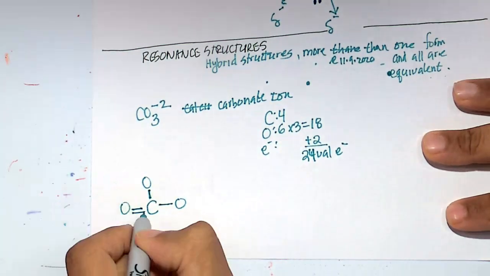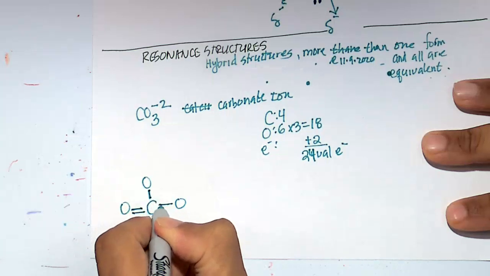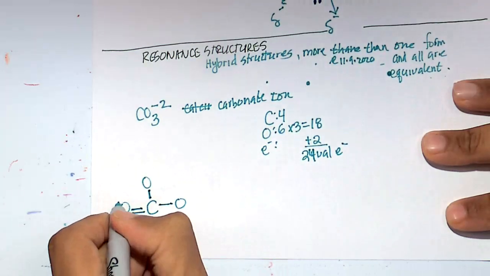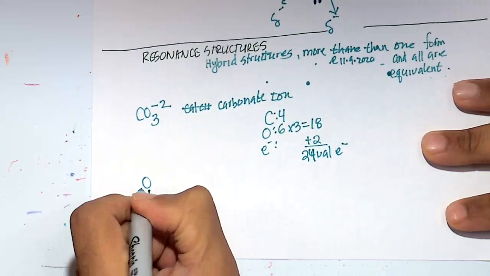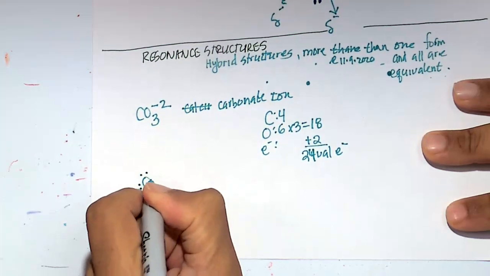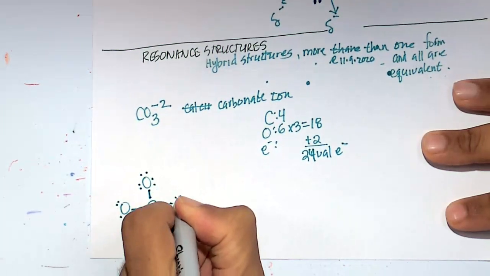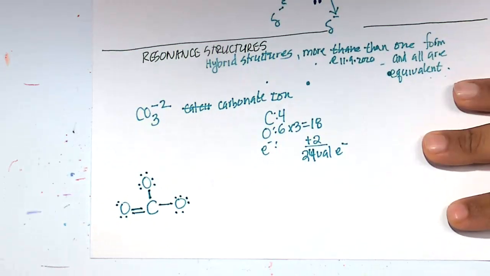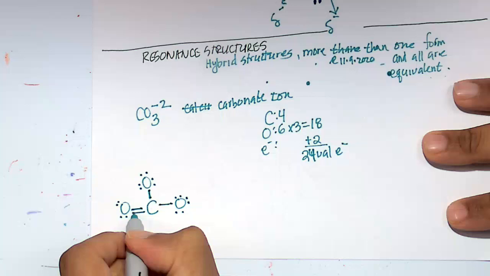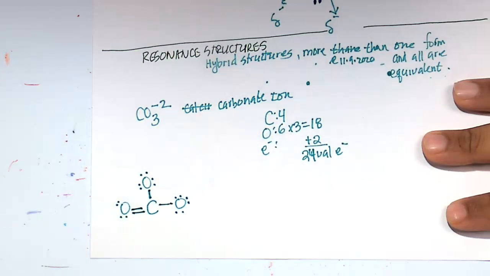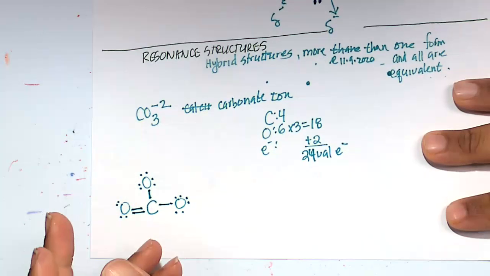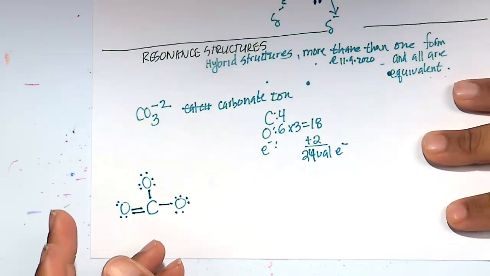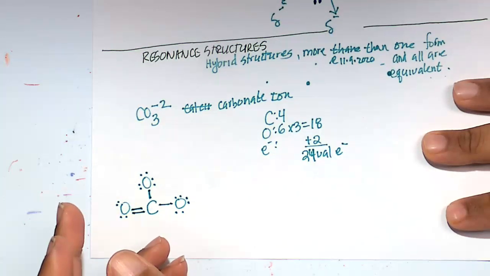1, 2, 3, 4, 5, 6, 7, 8, 9, 10, 11, 12, 13, 14, 15, 16, 17, 18, 19, 20, 21, 22, 23, 24. Before I answer Joshua's question, let's do our formal charge for the carbon.